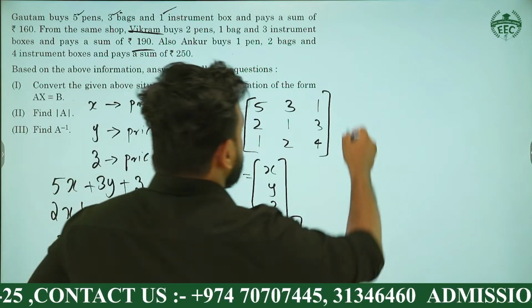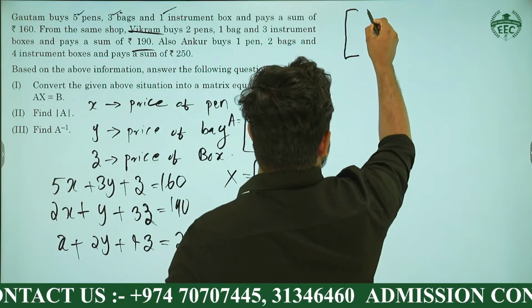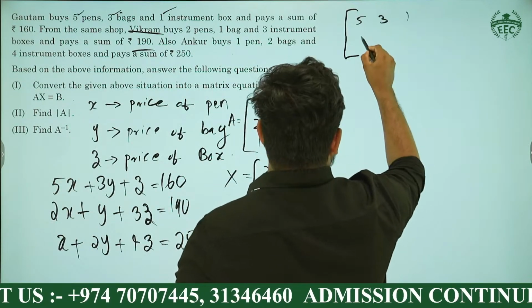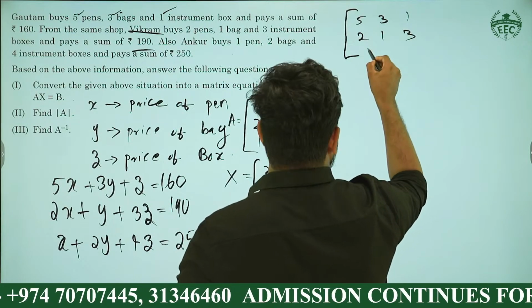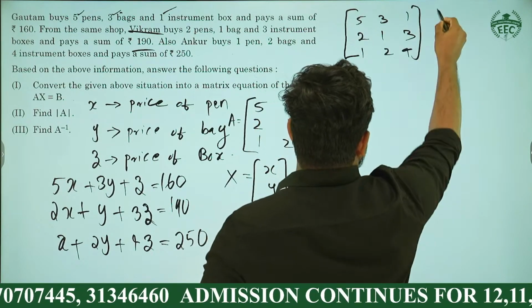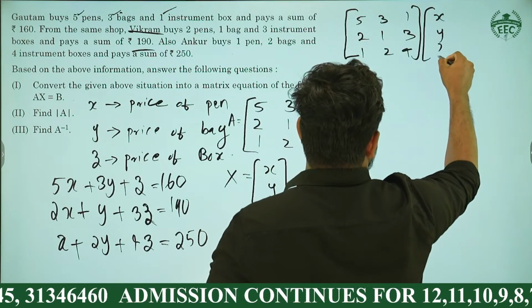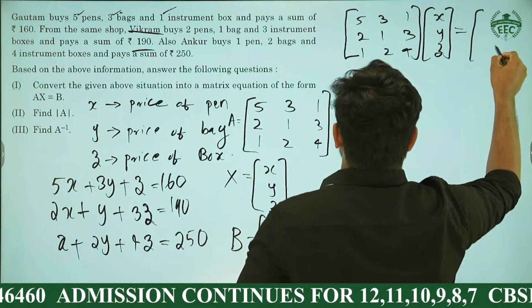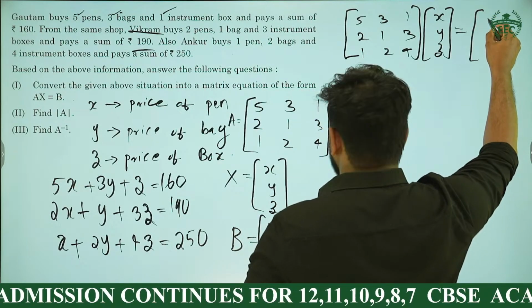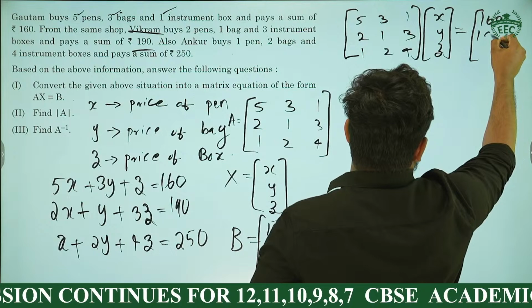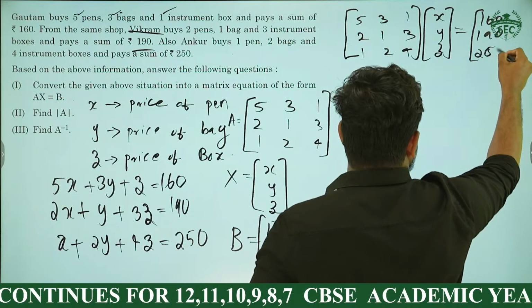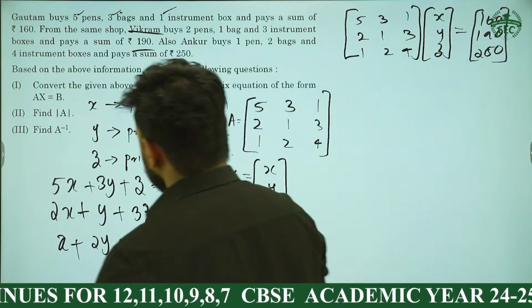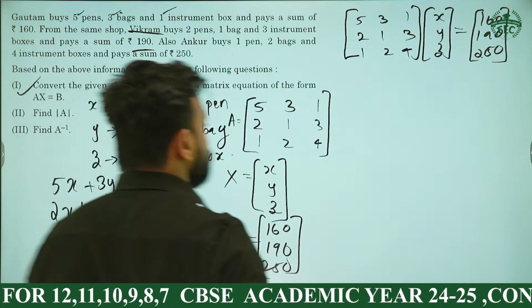So now we can write AX, where X is x, y, z, is equal to B, which is 160, 190, 250. Ready? Now the first question is over.